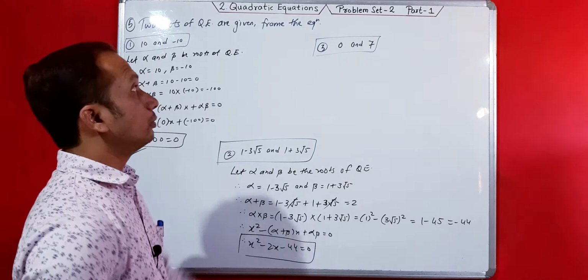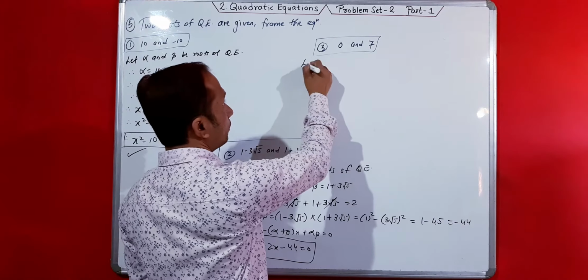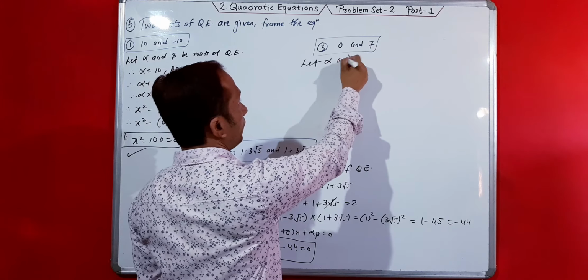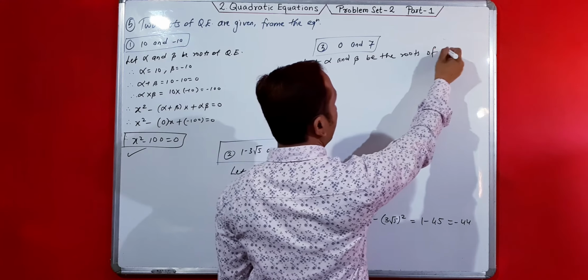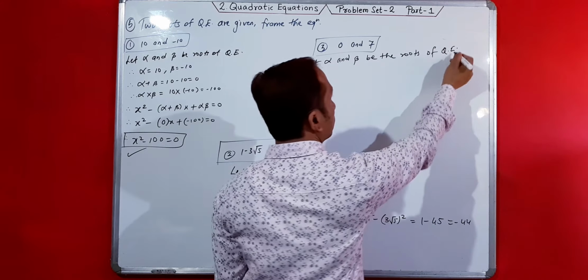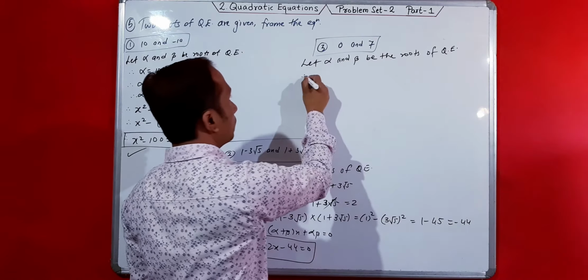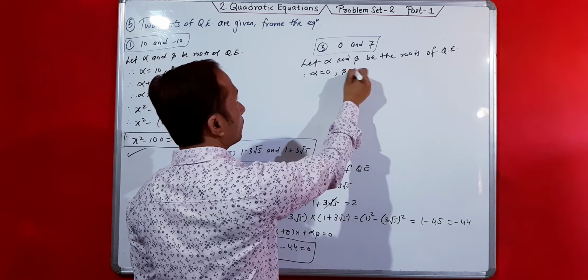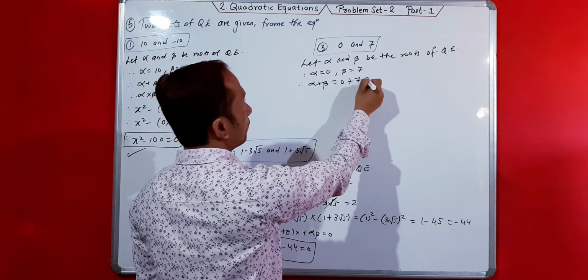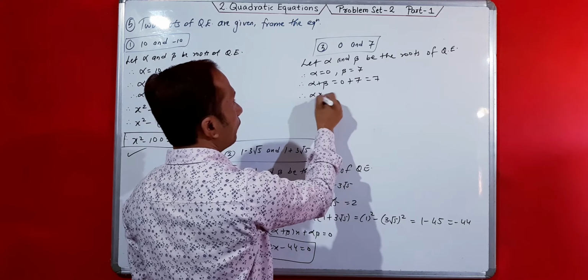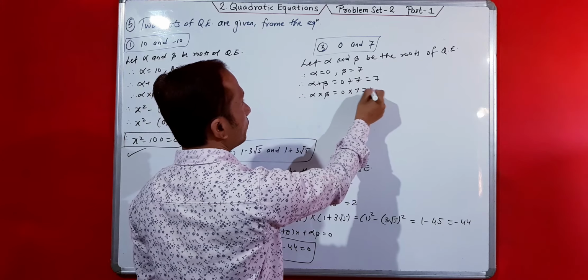Okay, come to the third problem. Let alpha and beta be the roots of the quadratic equation. Alpha is equal to 0, beta is equal to 7, therefore alpha plus beta is equal to 0 plus 7, which is 7. Therefore alpha into beta is equal to 0 into 7, it is 0.